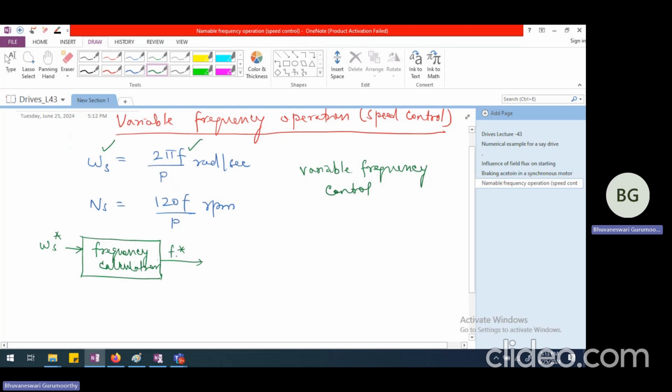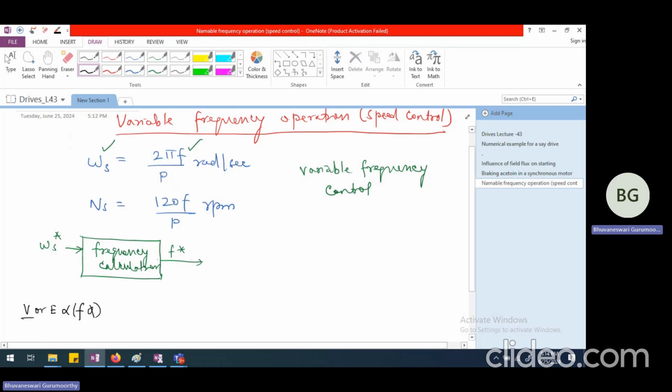Now, when I am reducing the frequency, maybe I want to run the synchronous motor at a lower speed. I can definitely reduce the frequency. But when I am reducing the frequency, what should I keep as the value of the voltage? We said that whether it is induction machine or synchronous machine or transformer, V or E is always proportional to the product of frequency and flux.